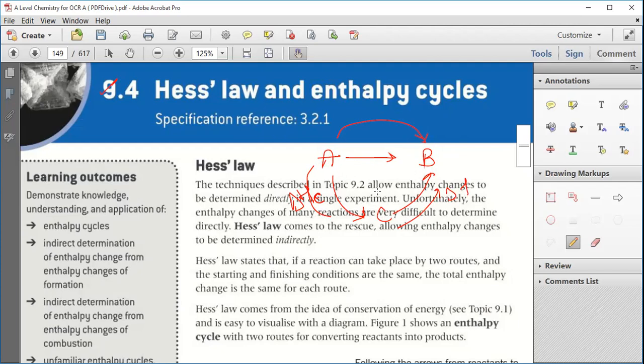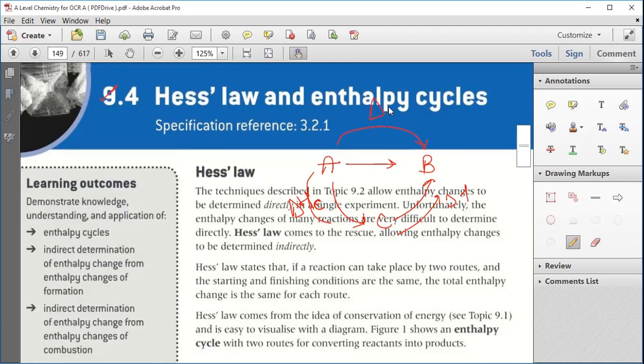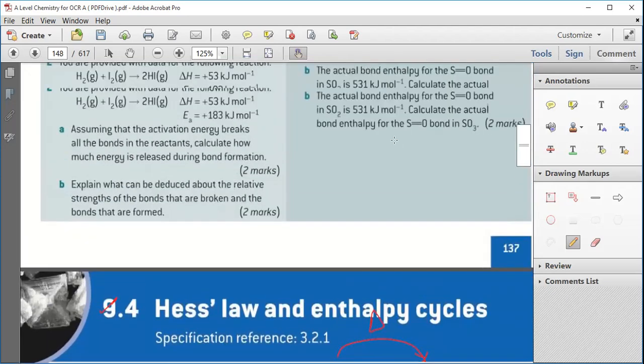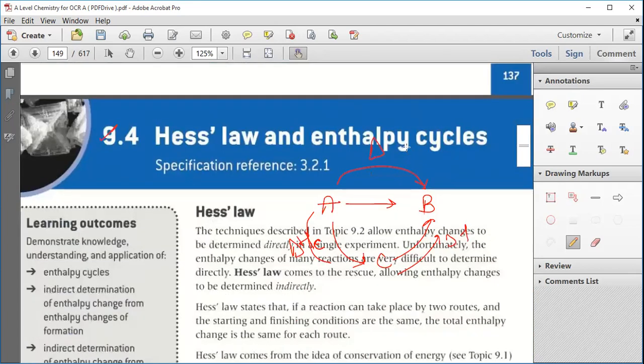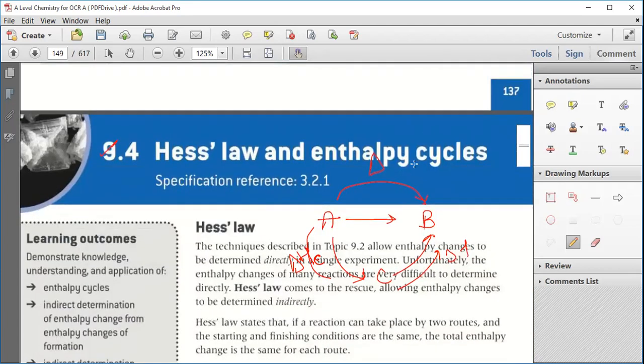Whatever the delta H is in changing from A to B directly is the total delta H. If I say this is delta H1, this is delta H2, and this is delta H3, it means delta H1 is equal to delta H2 plus delta H3.